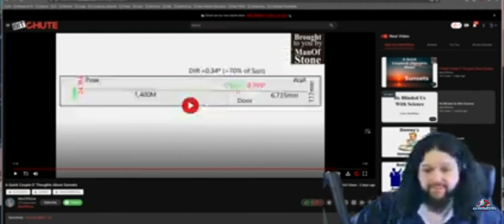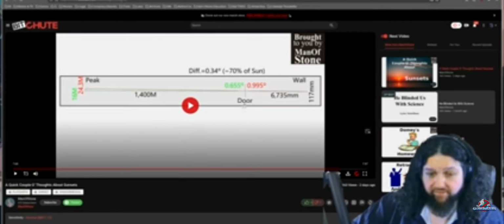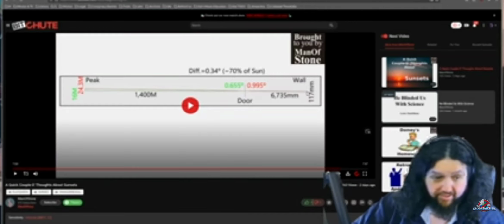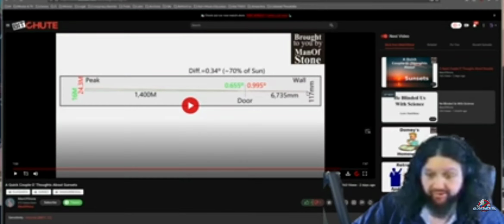But when we get to this diagram here, what we're looking at specifically, we have Stone's westward facing door at sunset. We have the sunlight coming in, and the red line is going to be our magnet, and that's going to signify the position of the sun above the horizon. We have the green line, and that's going to be the shadow, and the angle difference between the two.